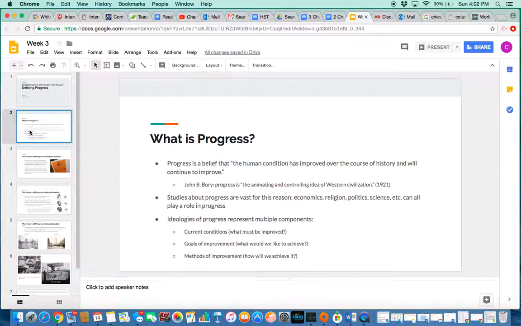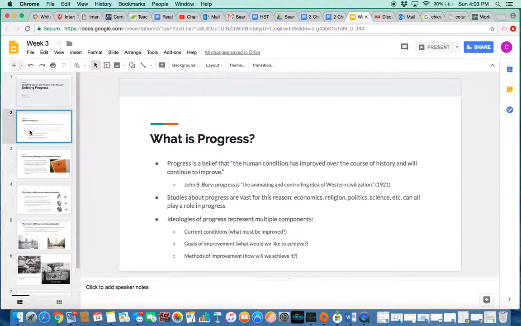When he's talking about progress, he's referring to it very broadly, which is one of the issues of talking about something like this, because progress, really broadly stated, is an improvement of the human condition over time. And implicit in that belief is that we start at a lower point where we're less progressive, right? And we are constantly moving into higher and higher points of progression.